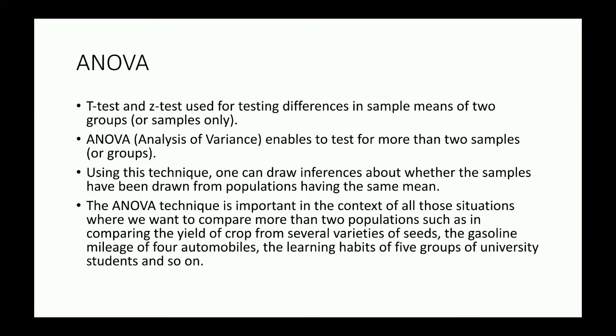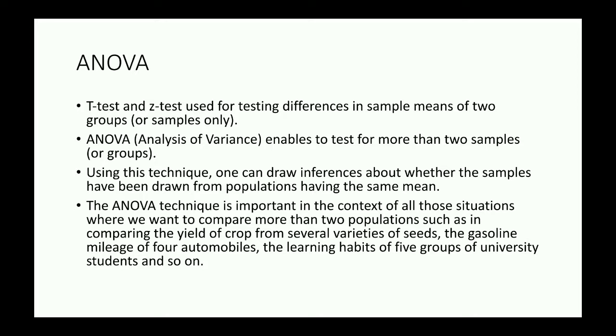Suppose you have three groups of data. You want to check whether these three groups have the same mean or not. Whether the original populations were the same or not, you can test using ANOVA.